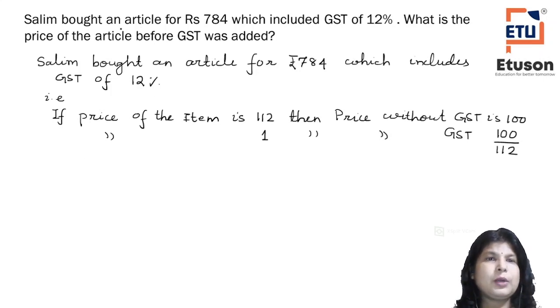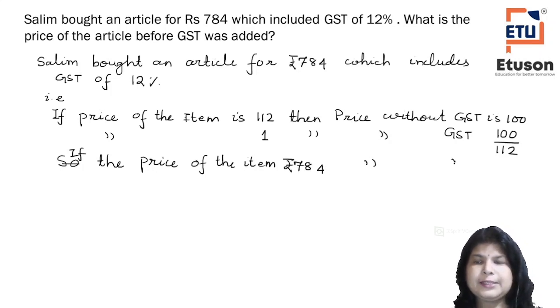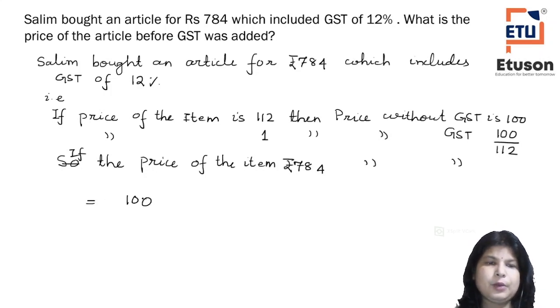So now, what is the price paid by Salim? If the price of the item is rupees 784, then the price without GST will be equal to 100 divided by 112 into 784.